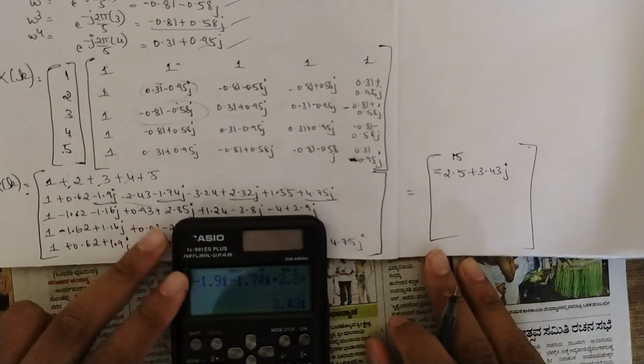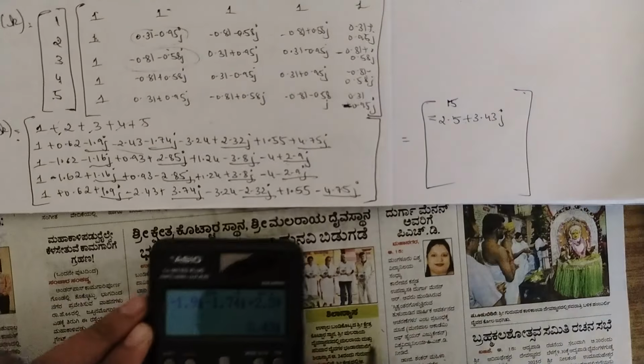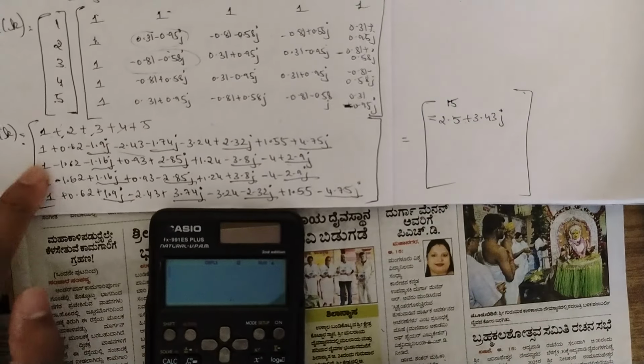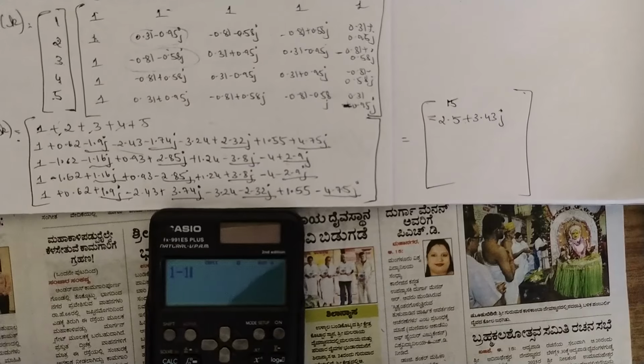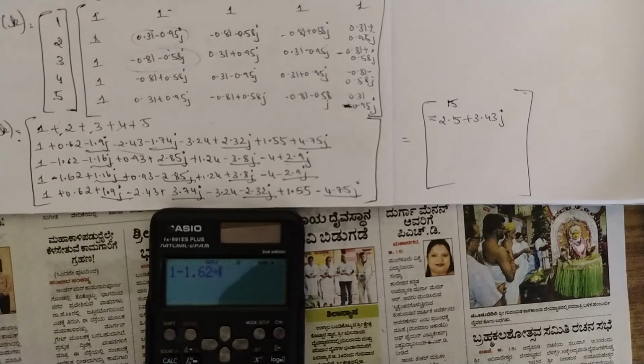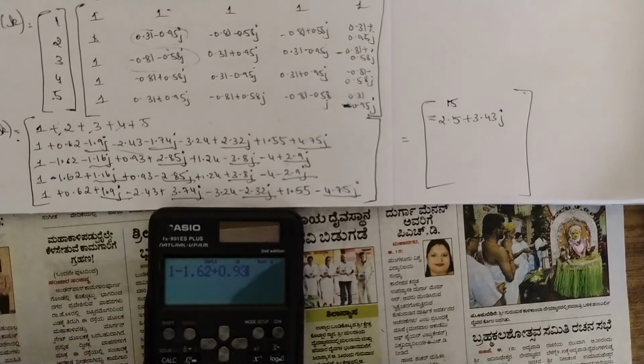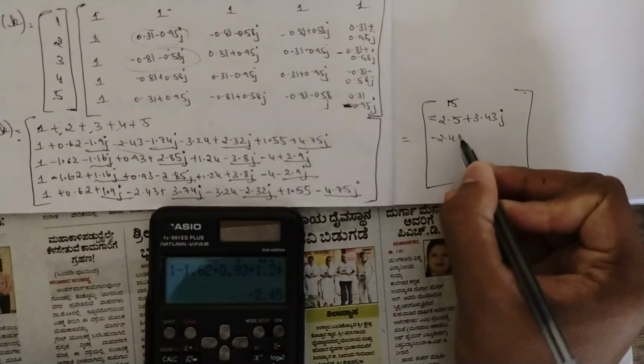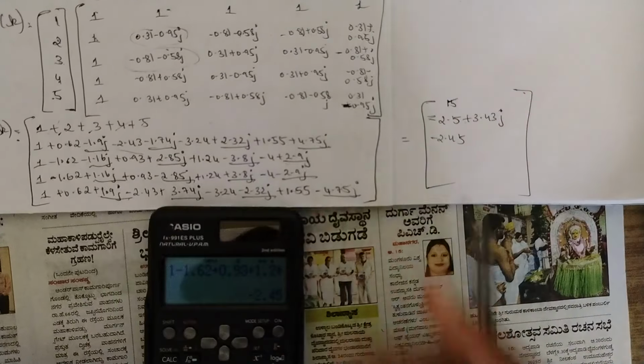Similarly do it for the next row. Underline all the imaginary terms. First is 1 minus 1.62 plus 0.93 plus 1.24 minus 4, that is minus 2.45. Then all the imaginary terms.